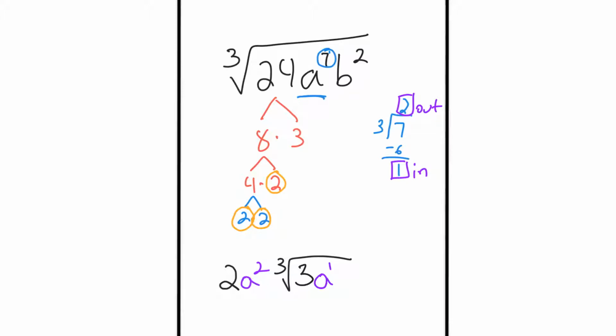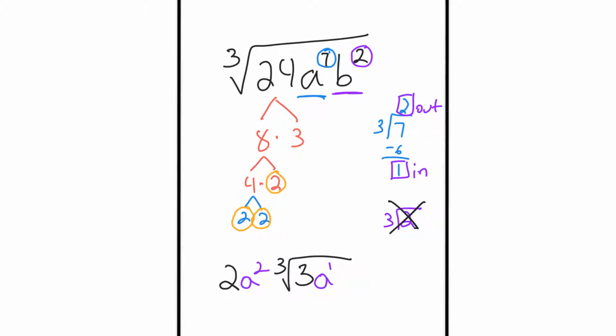But let me go to the next variable here. b has an exponent of 2. So if you have an exponent of 2 and you divide by 3, well, 3 does not go into 2. This exponent is smaller than the root. So when that happens, you can't divide. We don't want decimals, so you are not going to divide this here because 3 doesn't go into 2.